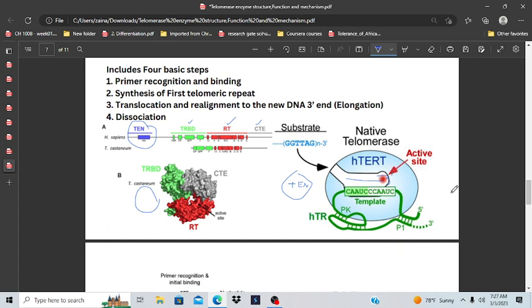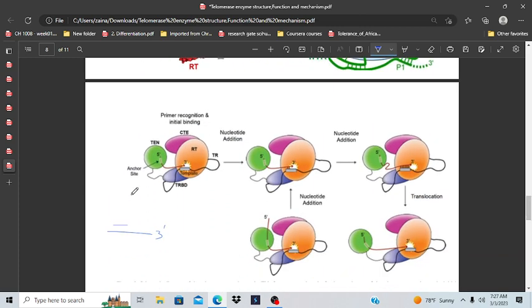In order to hold this as an anchoring site, this TEN domain, which is separate, holds the 5' end of the template. So let's say this is the DNA strand. The 3' end is here, and the continuous DNA would go like this, if it makes sense. This is called an anchor site.